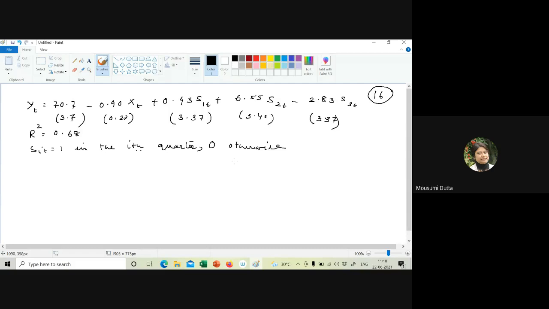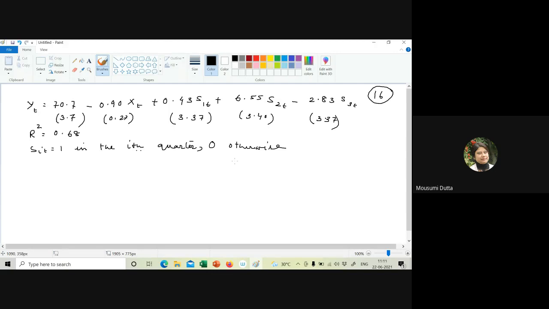So, how I'll proceed. I have the estimated model where we have the explanatory variable xt, and three seasonal coefficients, S1t, S2t, S3t. It is said that the regression was estimated from 16 quarterly observations. So actually we are dividing the whole year into 4 quarters. Since there is an intercept in the model, we are considering 3 seasonal dummies.